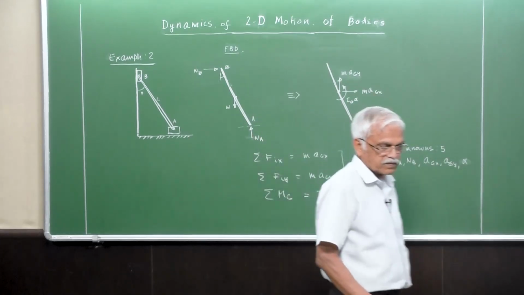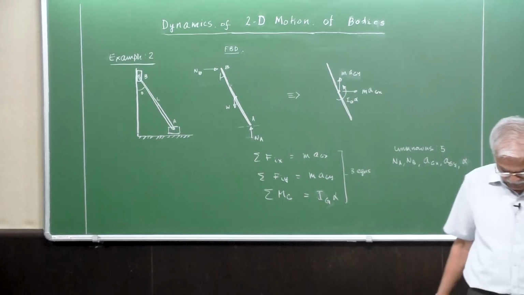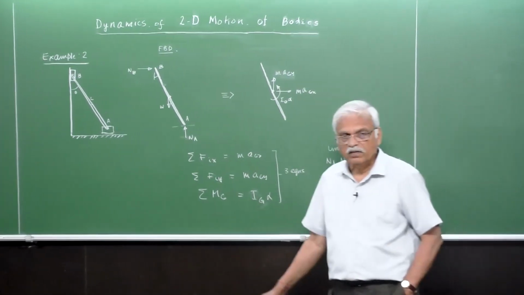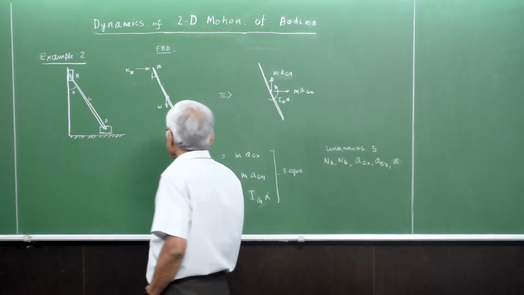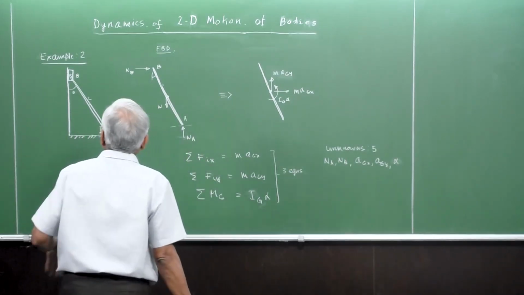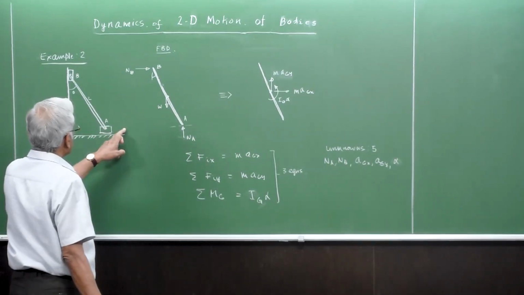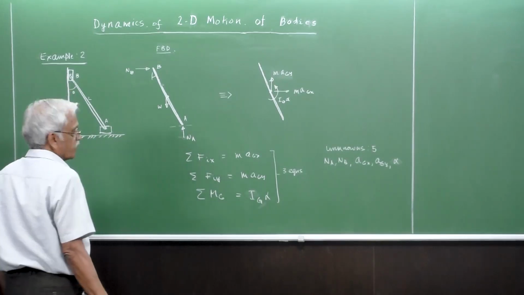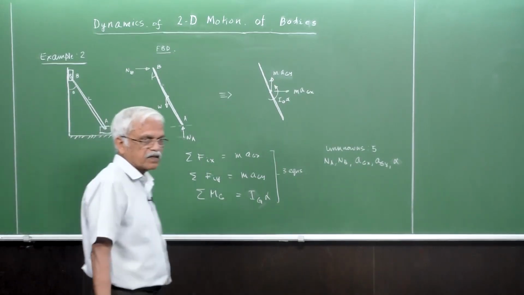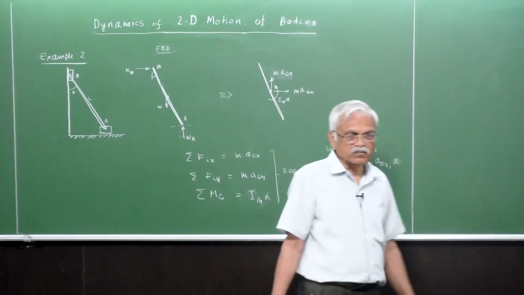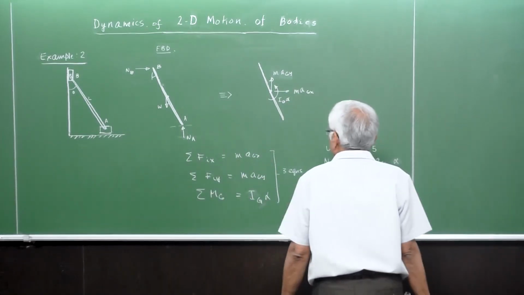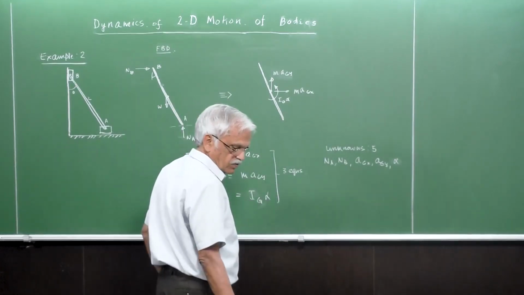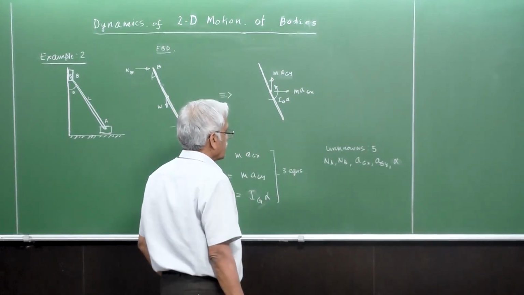That means we have to get three more equations from the constraint motion. So what is the constraint? The constraint is that point A is supposed to move on the horizontal ground and B is moving against the vertical wall. So these are the two constraints, and let us see how we can put those things.